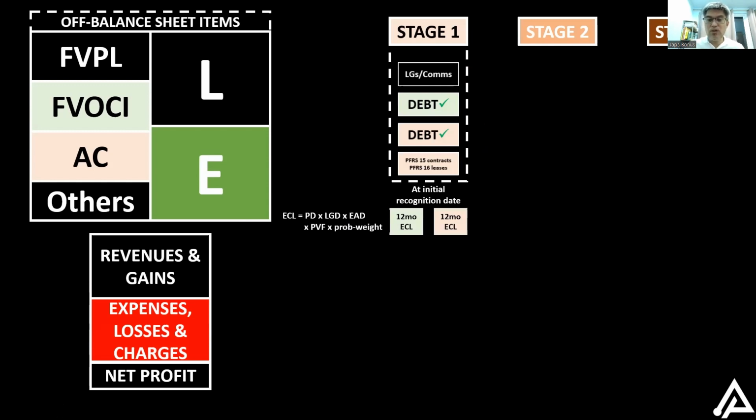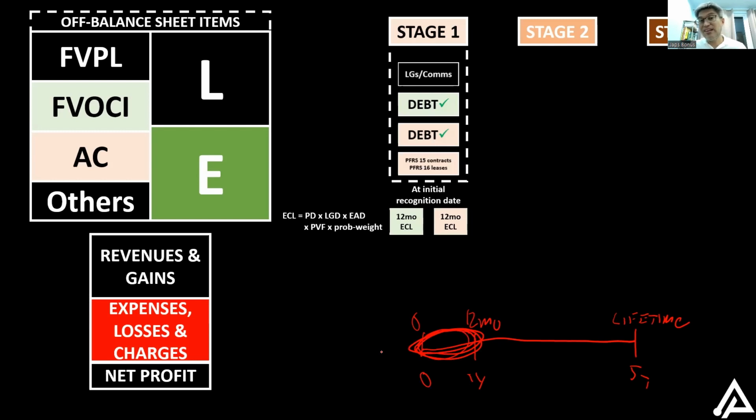Under stage 1, you only have to look at the 12-month ECL. What does the 12-month ECL mean? Yung 12-month ECL, ito lifetime. Suppose that the instrument's life is for 5 years. You only have to look at the credit exposure for the next 12 months under stage 1.